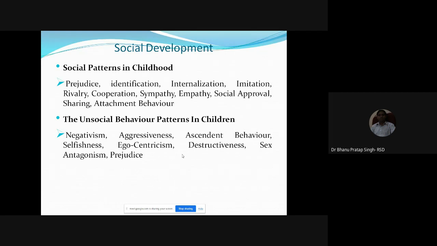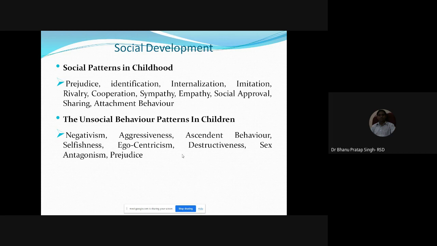Aggressiveness, the role of the teacher is to mold the child, even with the help of parents. Insecure behavior, selfishness. If we are successful in inculcating the value of cooperation and sharing, automatically selfishness will be at a narrow stage.